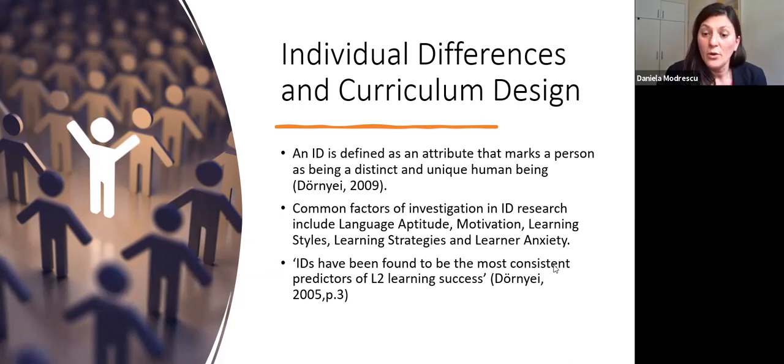So a learner-centered curriculum design should try to take into account individual differences, and these aspects of the learner can be learned. You can source this information in a direct way through concrete interaction with the learner, interviews and so forth.